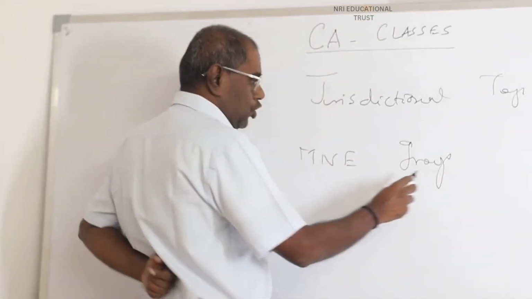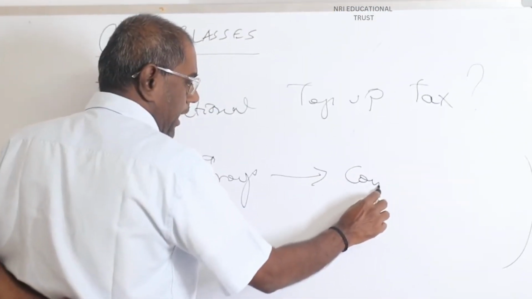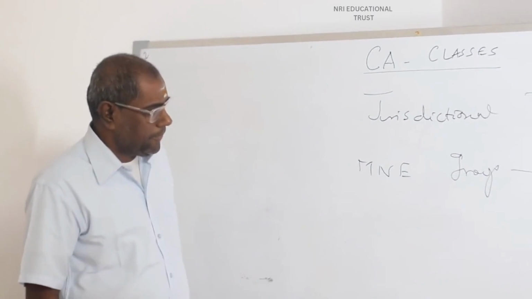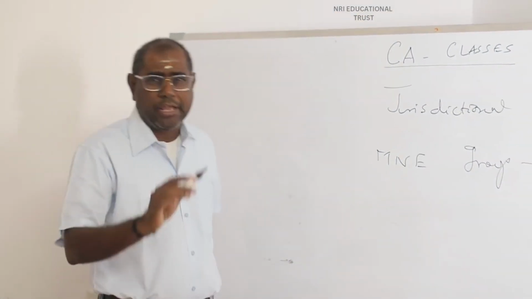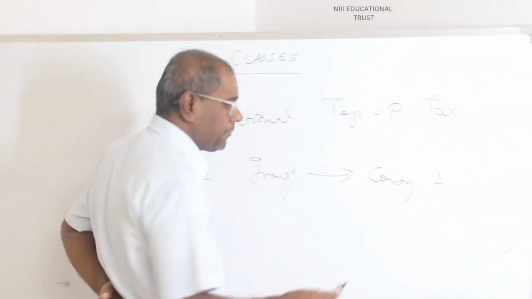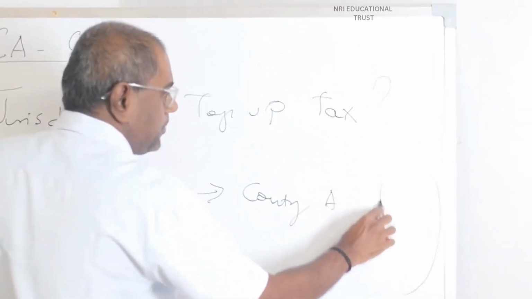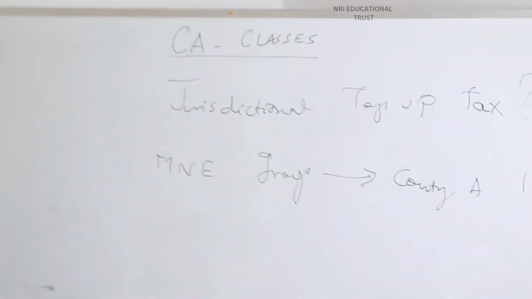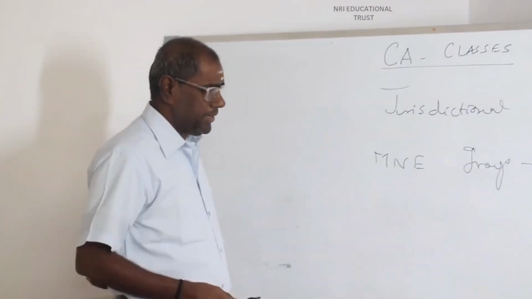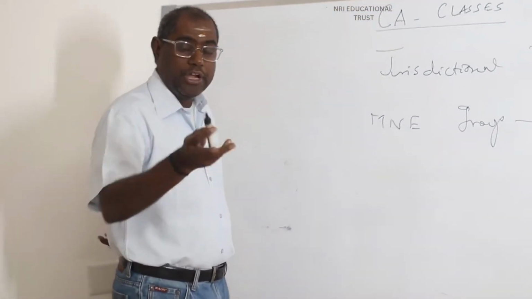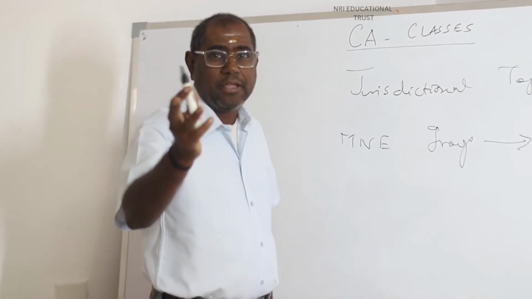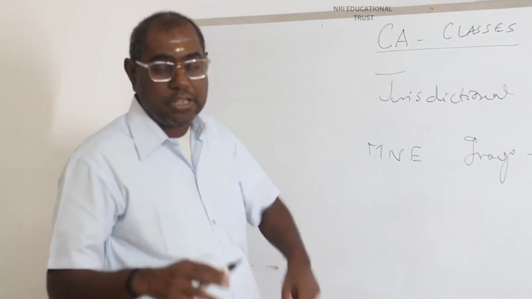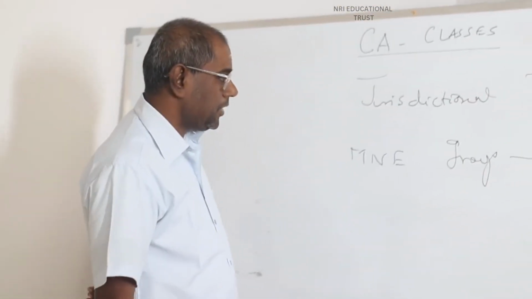Assuming there is an M&E group located in a country A. In this country, the domestic tax rate is, let us say, 17%, as an example. 17% is country A. We discussed what is the minimum tax rate. It's 15%. But in this country, it has got 17% as the domestic rate.